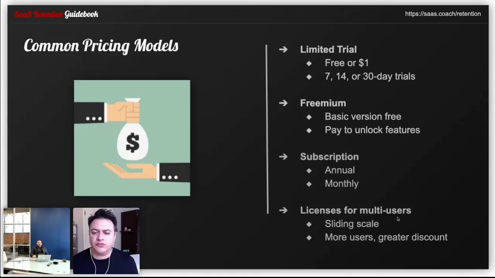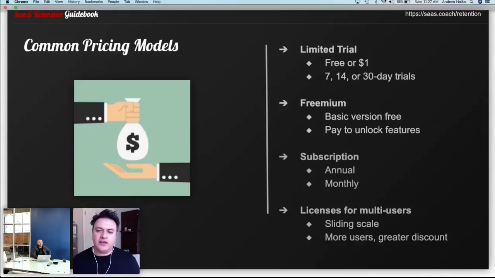Yeah, for sure. And a lot of this depends. The multi-user model works, again, when we're looking at enterprise software and whatnot, where you're bringing on accounts that have multiple or many users. A lot of times it makes sense to do something like that. I've noticed just the simplification of pricing models for a lot of SaaS products out there. I don't know if you've seen the same thing, Andy, but I see more simple pricing that is easy for people to understand and wrap their head around.